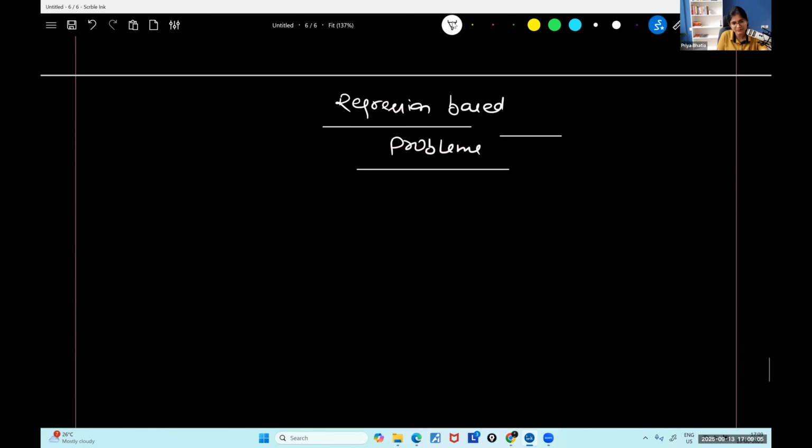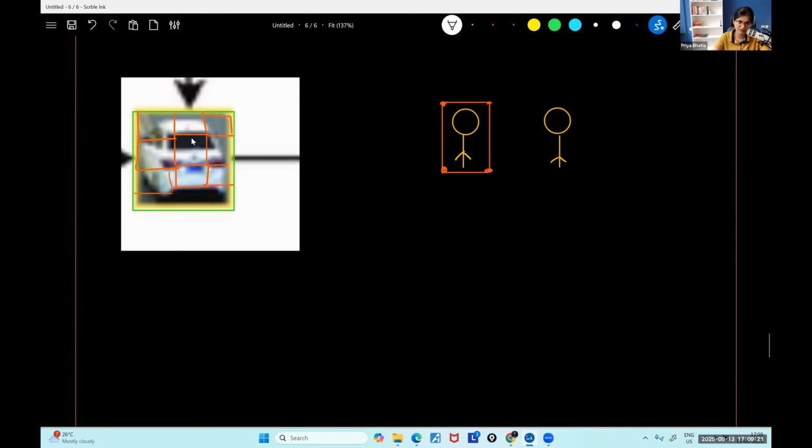We use regression-based problems when we want to predict continuous data. I hope everybody agrees with me, right? Now, what I'm saying is that for our region proposals, we will find multiple images where a car is there.